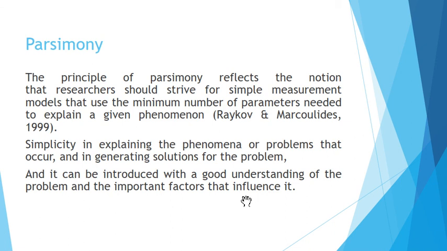So a parsimonious model would include just these two variables, employee satisfaction and employee commitment, because these two explain 45% of the change. We do not need to focus on the remaining 3% because they do not explain much change.